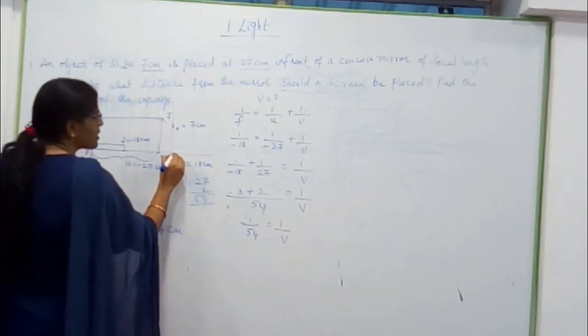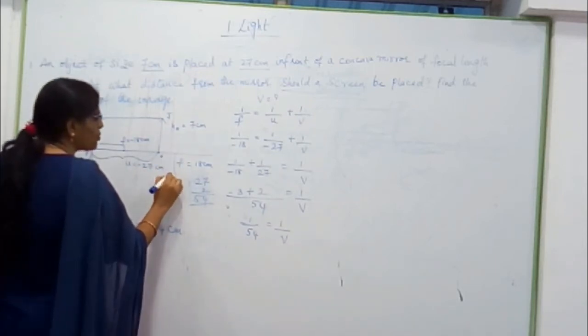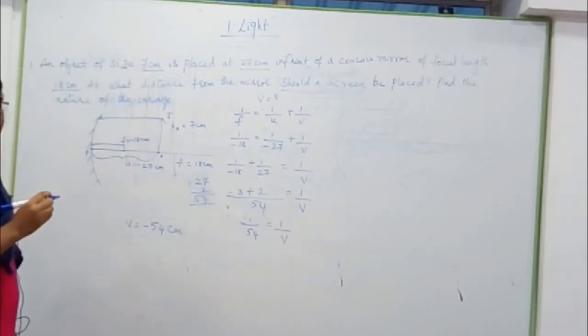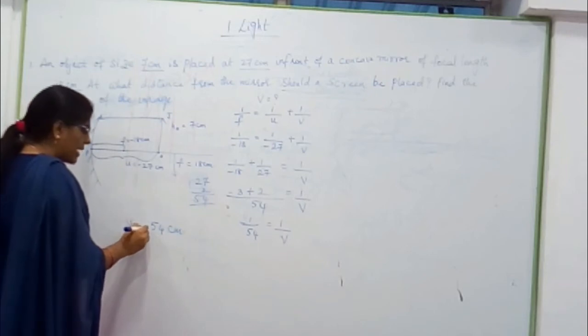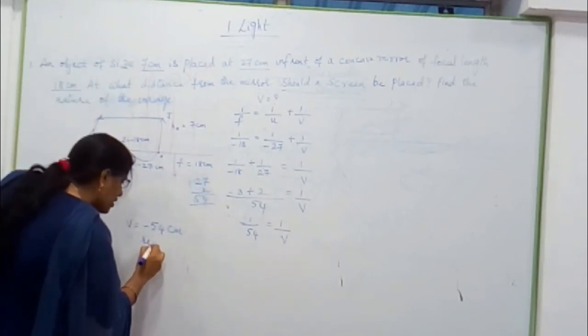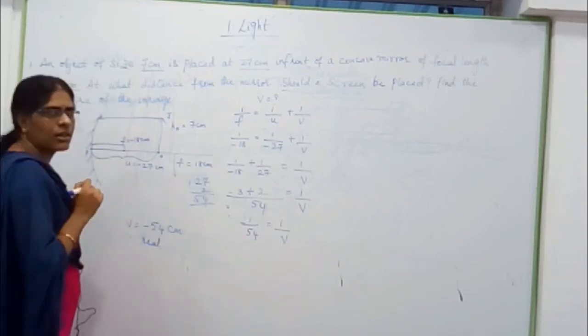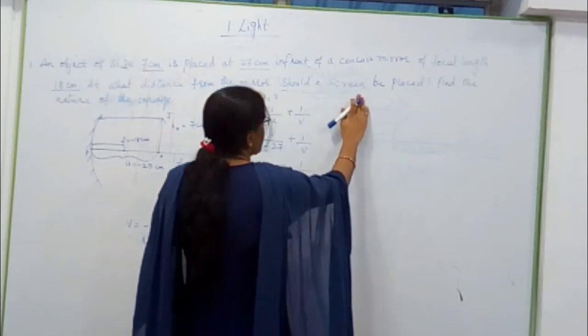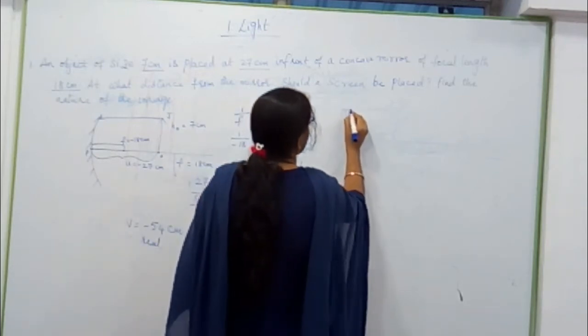Minus indicates the image is formed in front of the mirror, beyond the object. Hence it is real. Now we need to find whether it is enlarged or diminished.